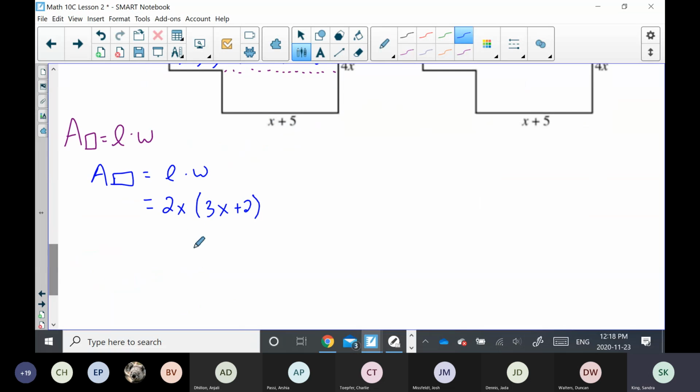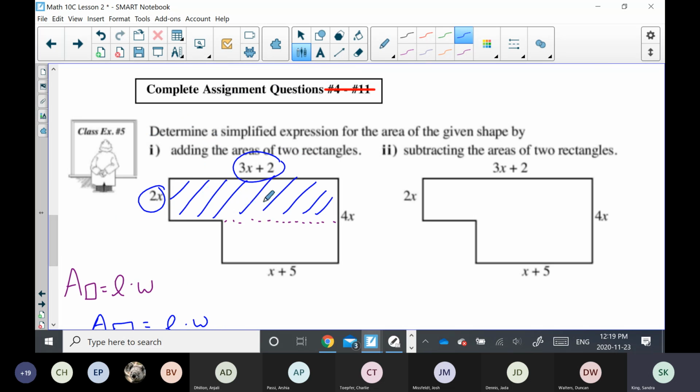The area of this blue rectangle, after I do the distributive property to expand, 2x times 3x is 6x squared. 2x times 2 is plus 4x. Okay, so that's the area of this.